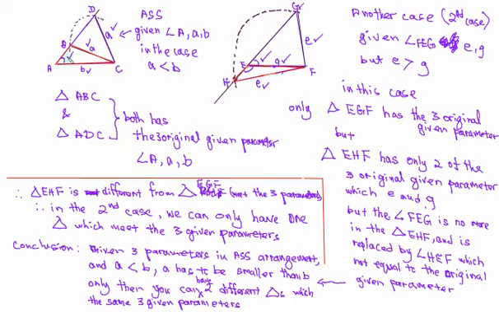I hope this explanation will help you understand this special situation whereby even though given ASS you may not have ambiguity, since in this case, given three parameters arranged in an ASS manner, but because E, the length opposite the given angle, is larger than the length that encloses the given angle, you don't have ambiguity.